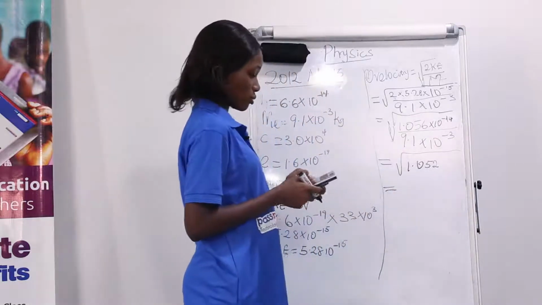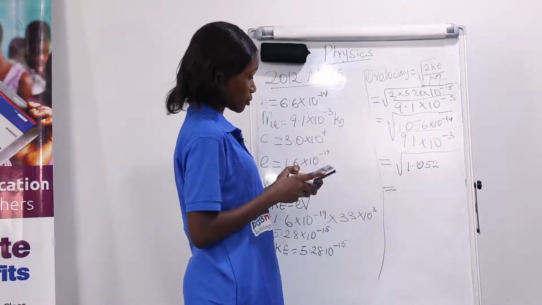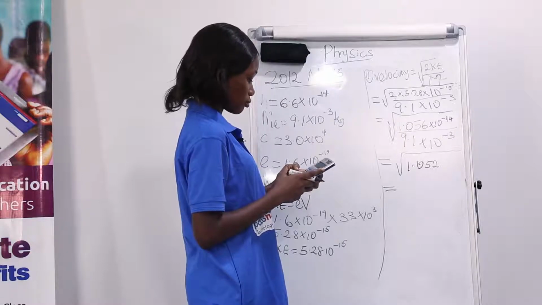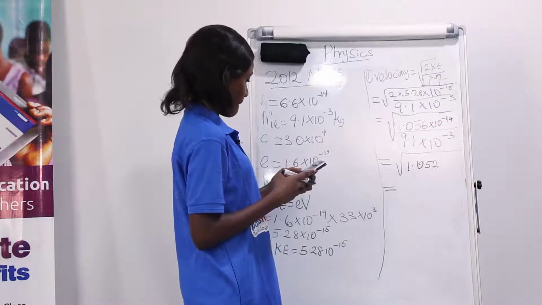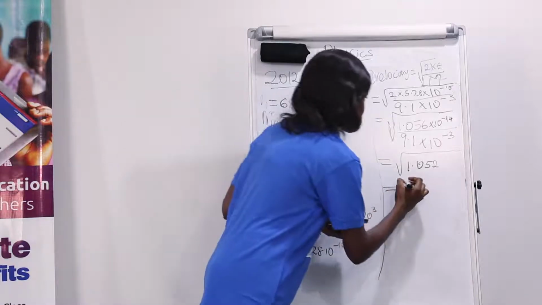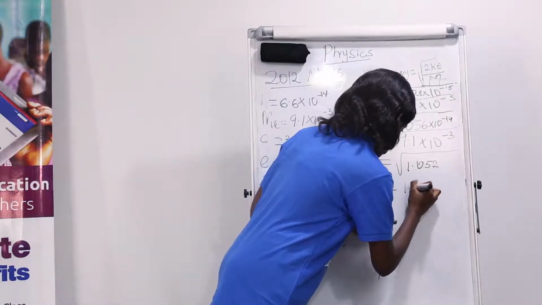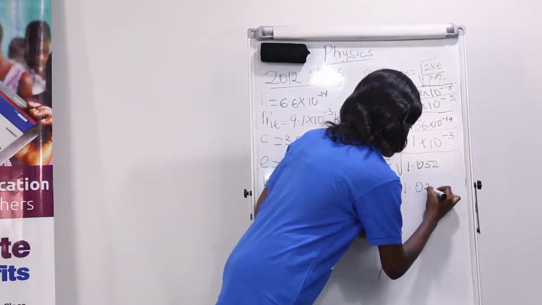The square root of 1.052 equals to 1.025.